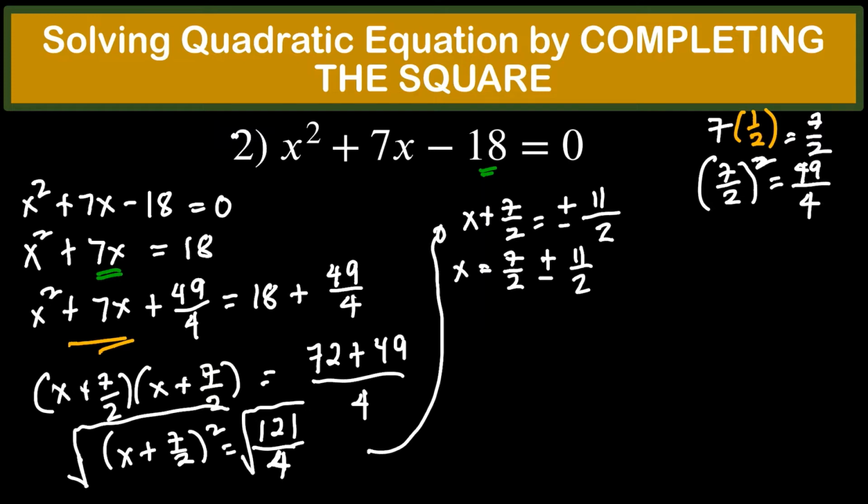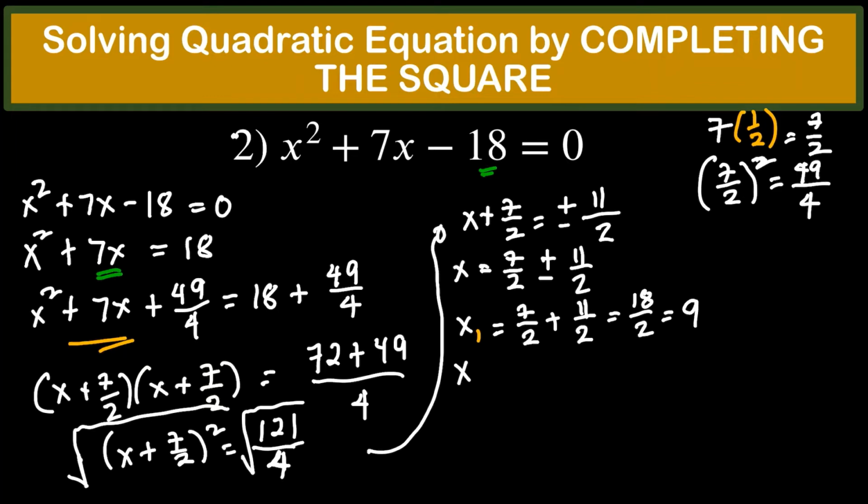So the first answer here, say that is our x sub 1, that will give us 7 over 2 plus 11 over 2, and that is 18 over 2, simply 9. Alright, and let's have the second answer.